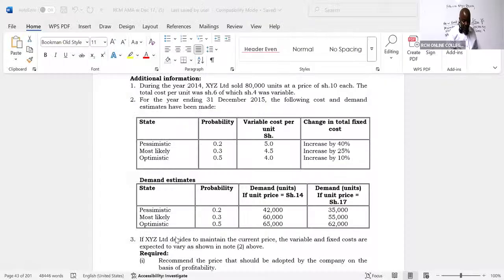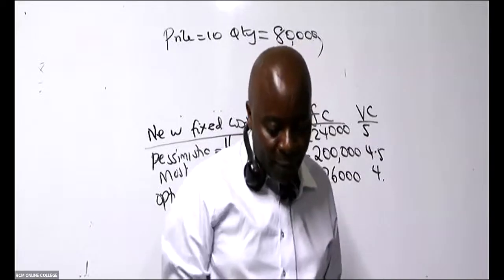If XYZ Limited decides to maintain the current price, the variable and the fixed costs are expected to vary as shown in note 2 above. And there is nowhere they're giving us information about this 80,000 quantity varying. So not a problem, ladies and gentlemen. We are wise people. We shall come and provide the 3 profits.